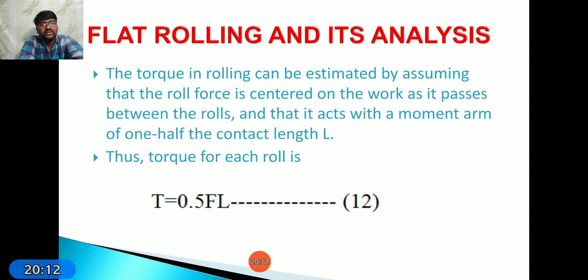Generally torque equals force into distance, but here we take 0.5 because this torque is for only one roller, where F is the force and L is the length of the contact.